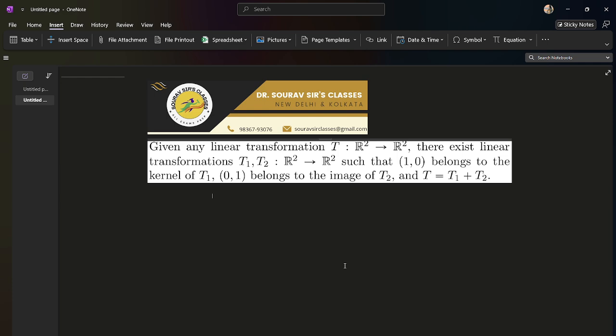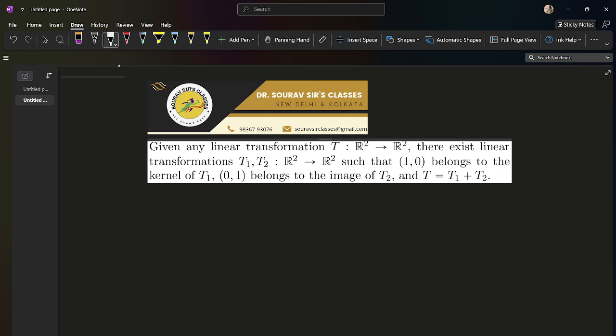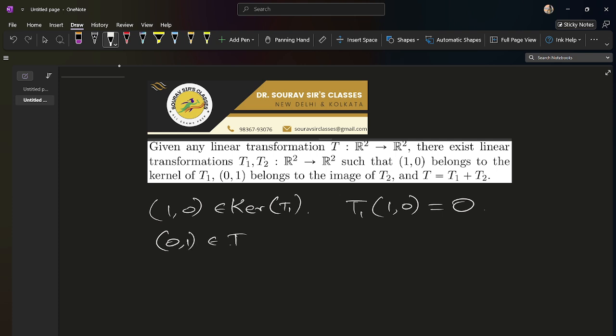Now we are going to decompose T. The problem asks us to decompose T into two components, which are my T1 and T2. They told us that (1, 0) belongs to the kernel of T1, so we can say that T1 of (1, 0) is equal to 0, and (0, 1) is in the image of T2.